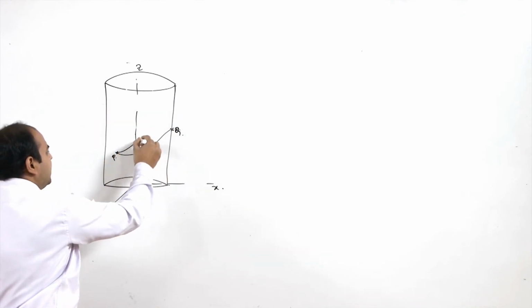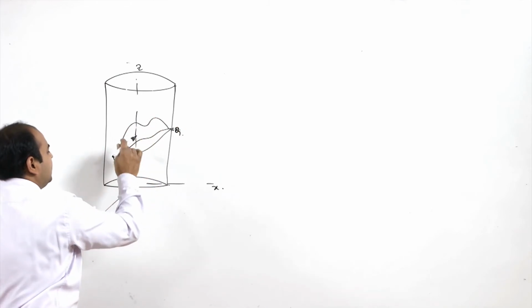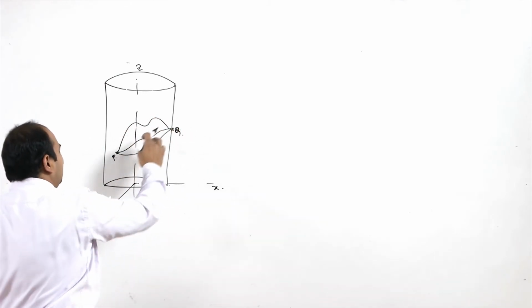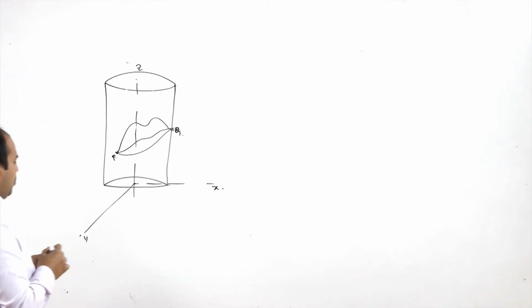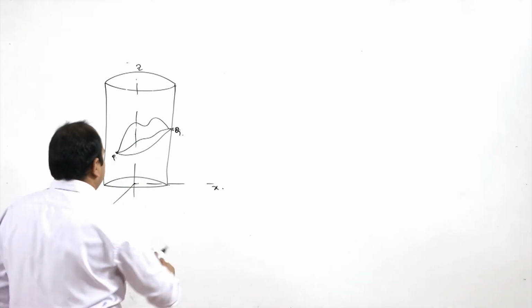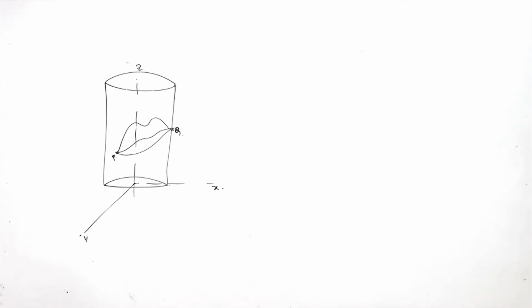There are several possible curves here, and we want to find the curve which minimizes the distance between P and Q while traveling only on this cylinder.